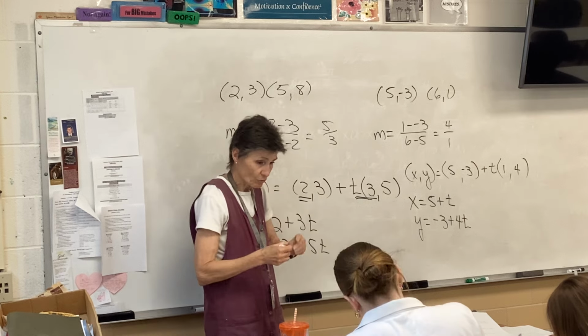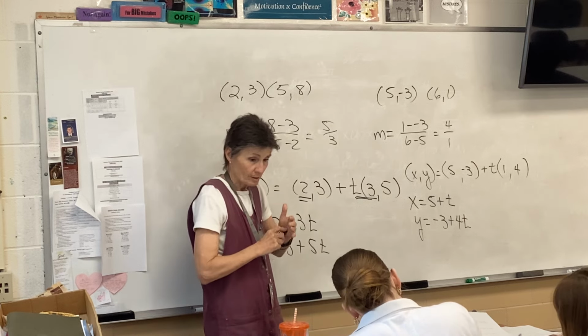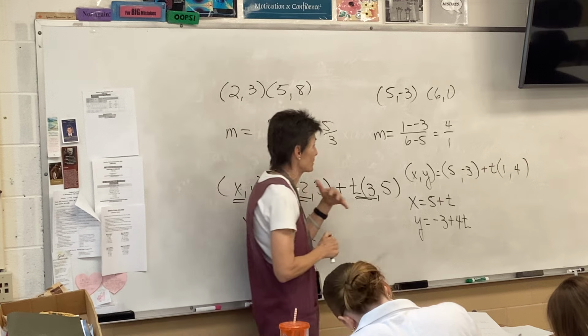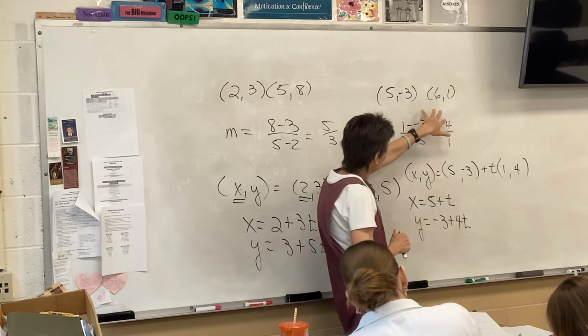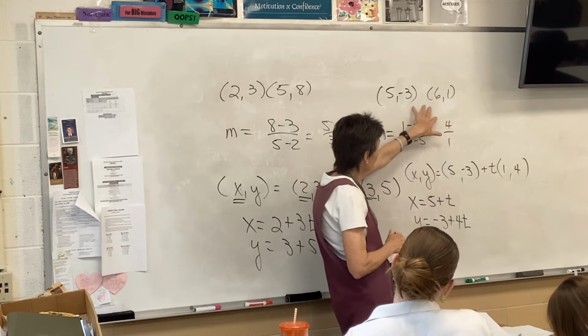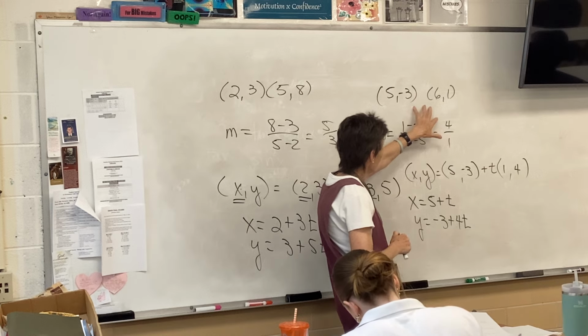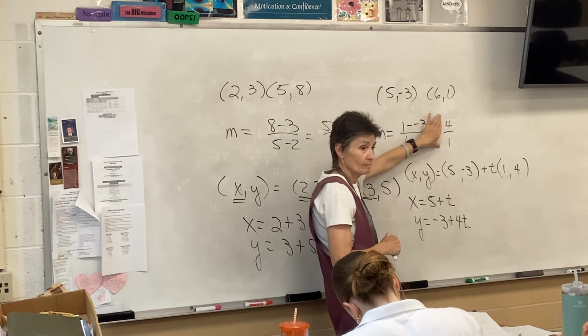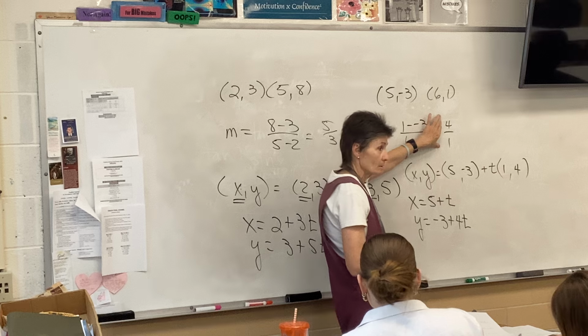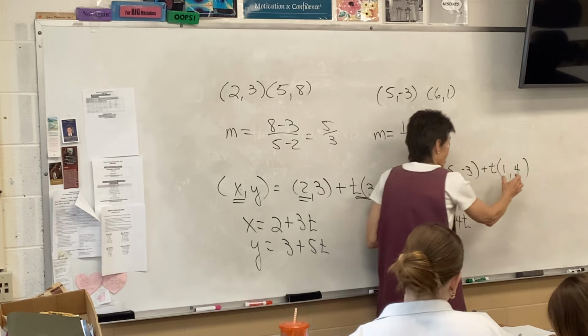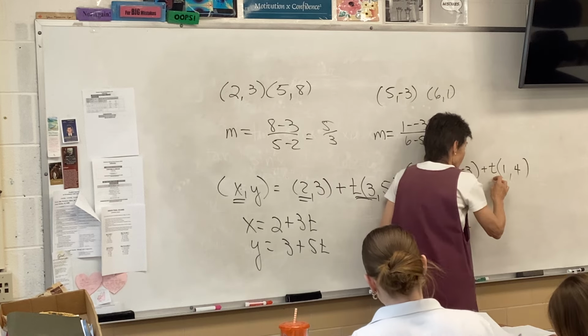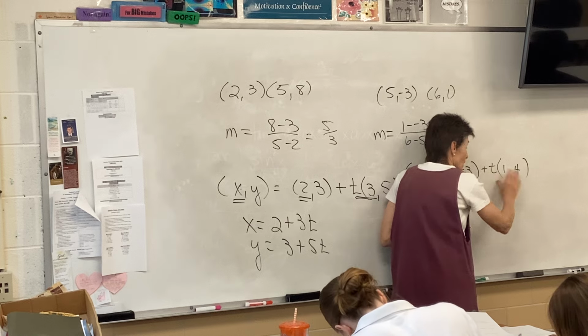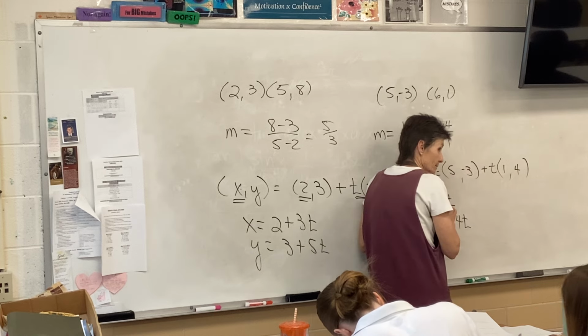So are you finding your slope first? Because you have to know how the line moves. So this line, I think, moves up 4, right 1? So that's how the line moves. Multiples of that movement will generate the whole line.